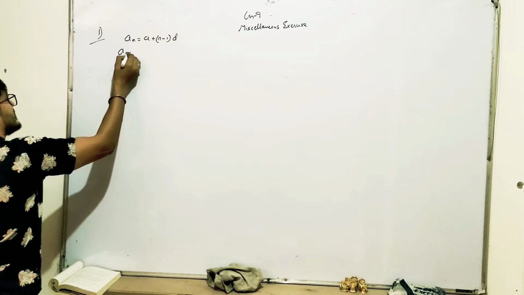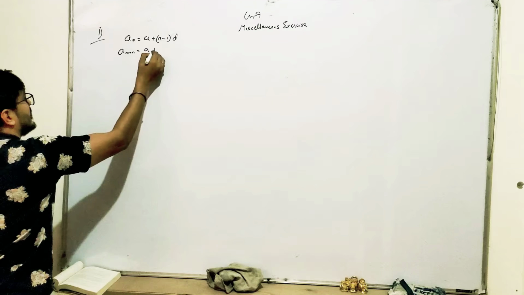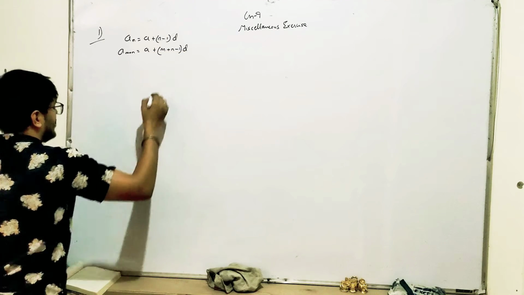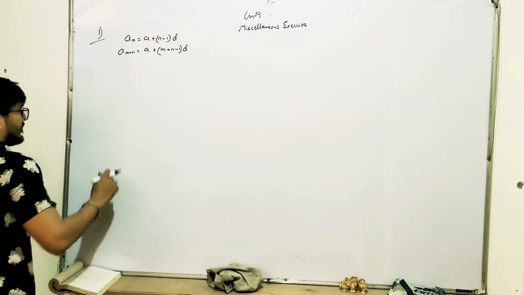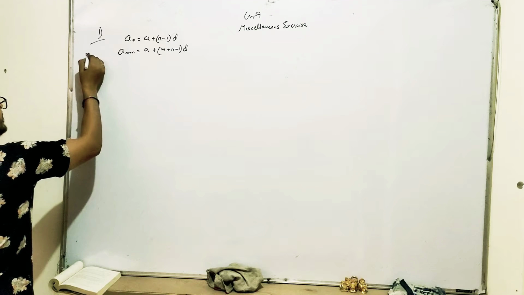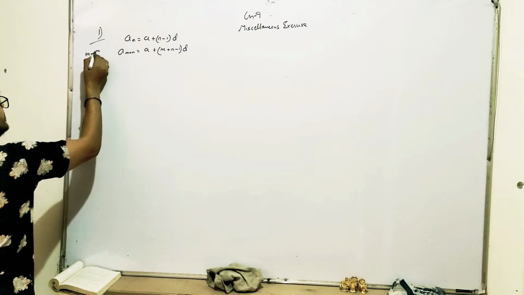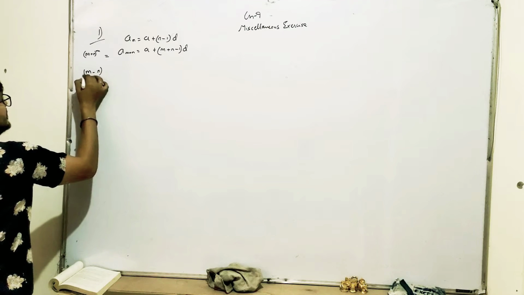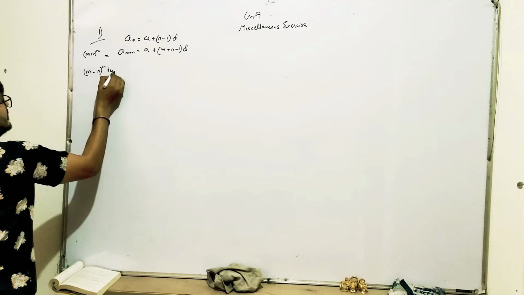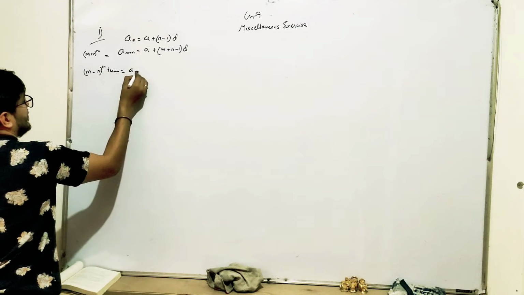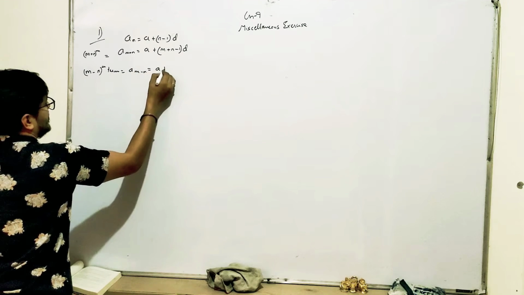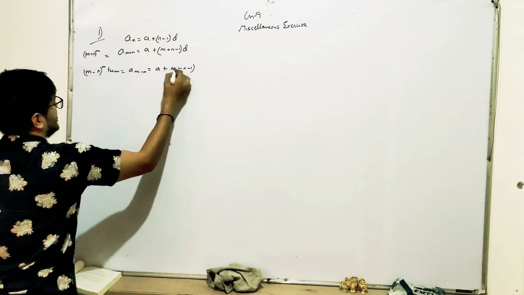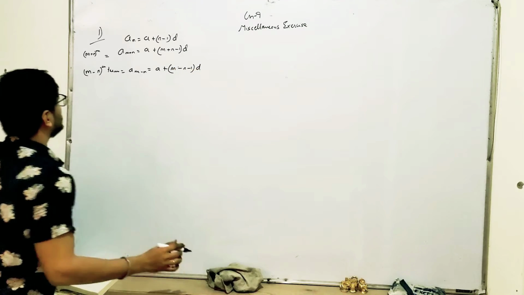Similarly, a_(m+n) will be equal to a plus m plus n minus 1 d, and the m minus nth term, a_(m-n), is equal to a plus m minus n minus 1 d, right?